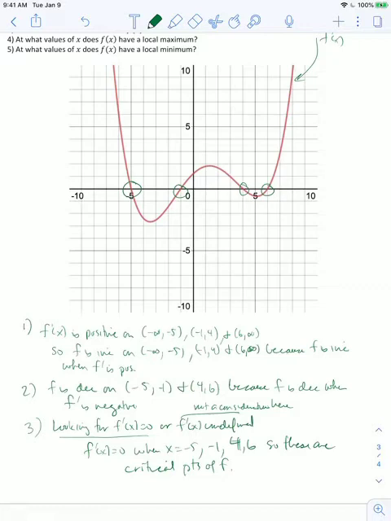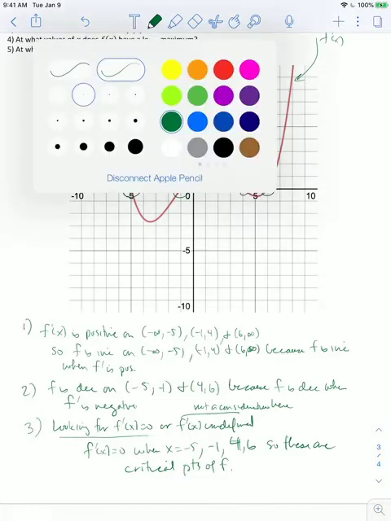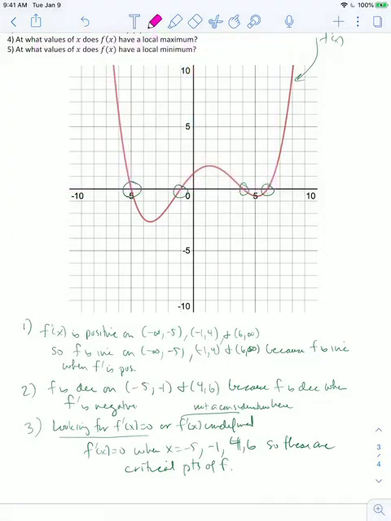So we can think about where the derivative goes from positive to negative. Change the color here, something a little brighter. So f prime goes from positive to negative here, and f prime goes from positive to negative here.